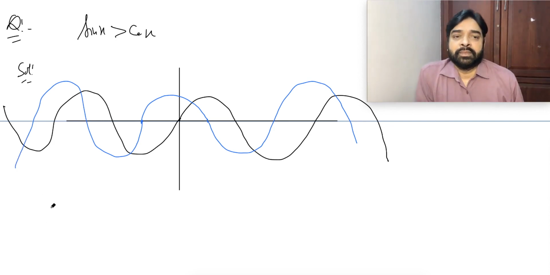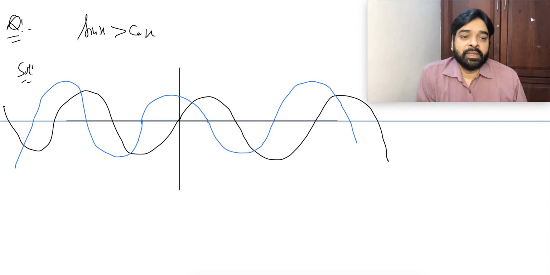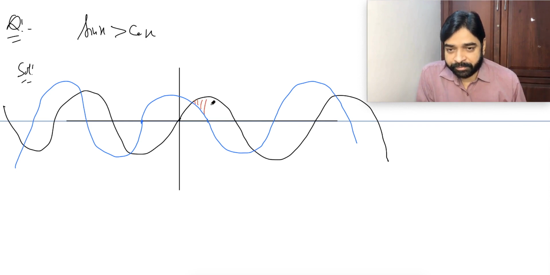What are they saying? Sin x should be greater than cos x, which means the graph of sin x should be above the graph of cos x, wherever the black color is above the blue color. One region.